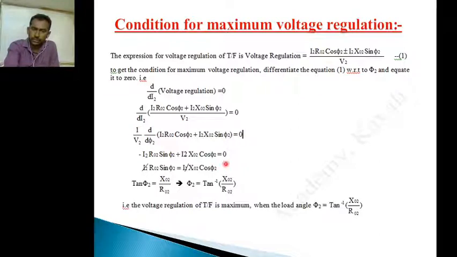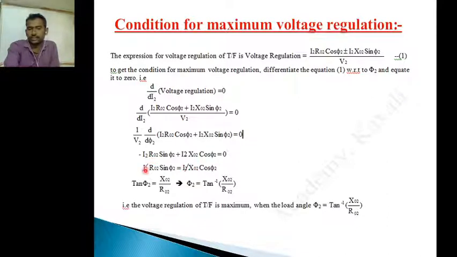V2 goes to the other side and that will be equal to 0. The derivative of cos phi 2 is minus sin phi 2. So minus I2 into R02 sin phi 2 plus I2 X02 cos phi 2, since the derivative of sin phi 2 is cos phi 2. Moving I2 R02 sin phi 2 to the other side, I2 R02 sin phi 2 is equal to I2 X02 cos phi 2.